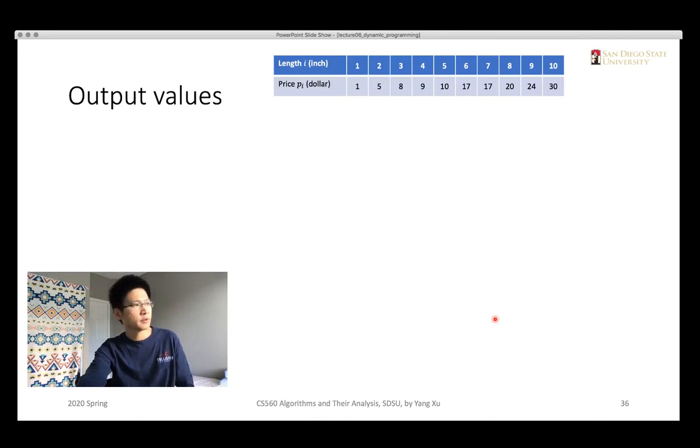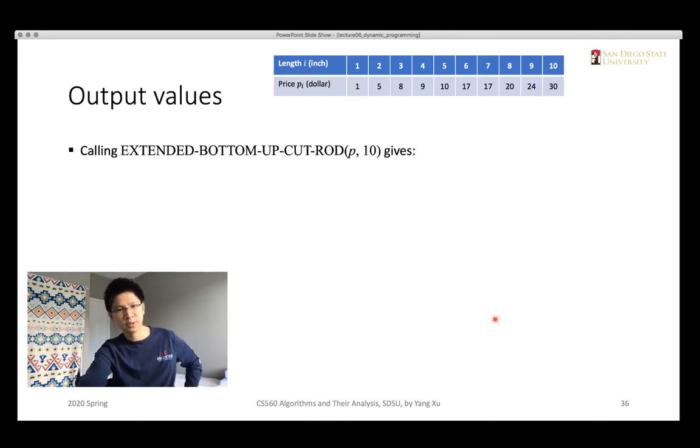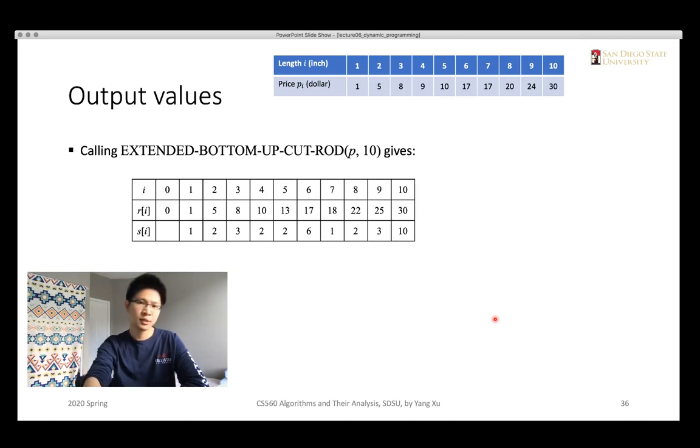Okay, so if we look at a simple example here, if we call the modified version on the input of length 10, it gives us not just the R array, but also the S array. R records the maximum revenue for all input lengths, and S of i remembers the place where to make the first cut.